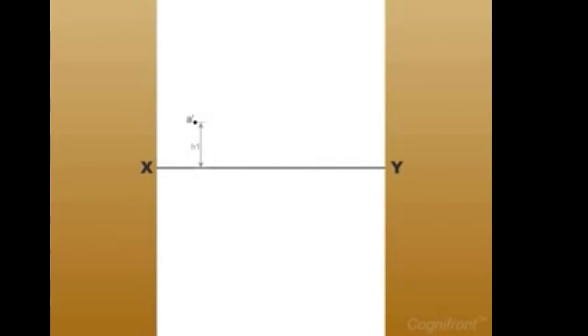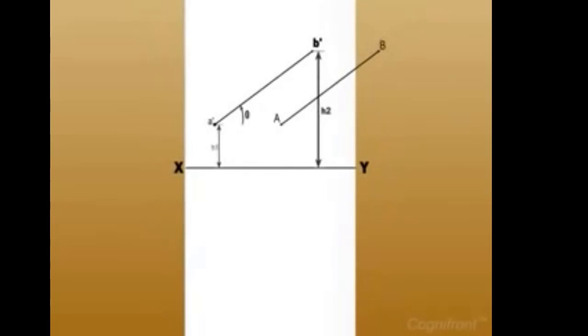From point A', making an angle theta with HP, draw a line of length equal to AB. Locate the other point B'. So, line A', B' will be the front view of line AB.